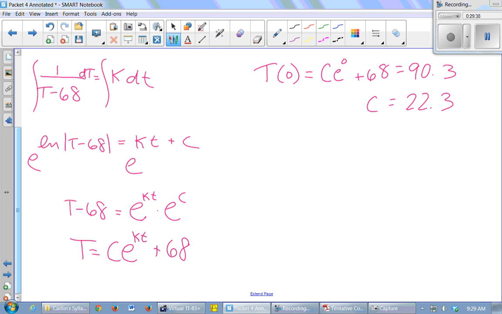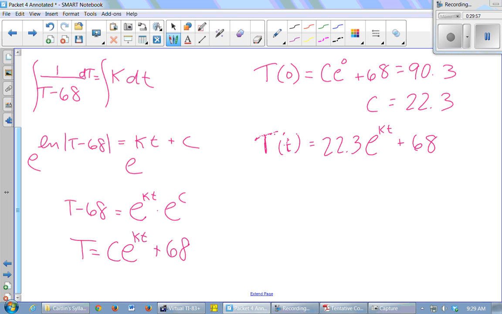Okay. And then capital T of little t, right? Temperature at time is now 22.3 e to the kt plus 68.